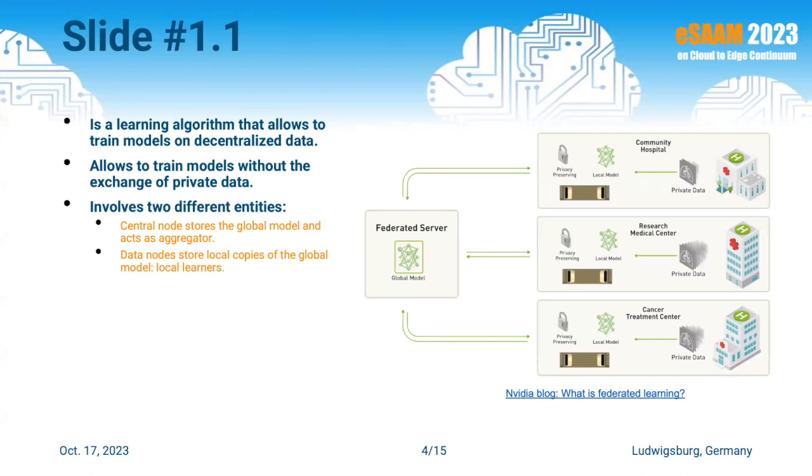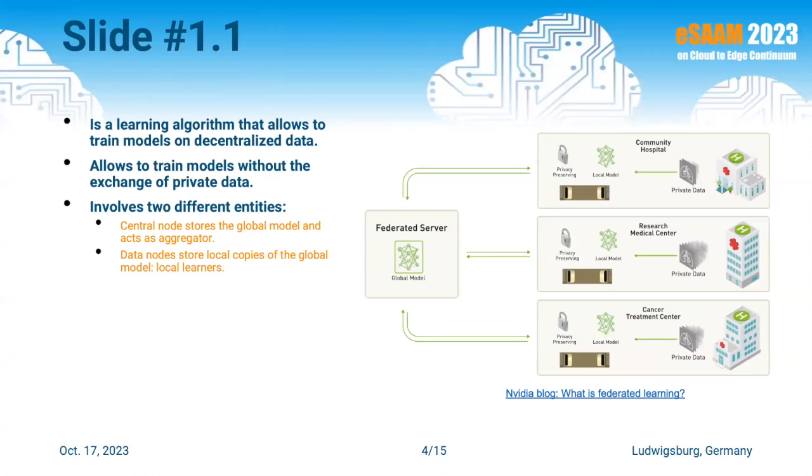Federated learning is a learning algorithm that supports the training process of models along decentralized data. On the right-hand side, you can find a diagram that shows how this process more or less works for a health data federation.